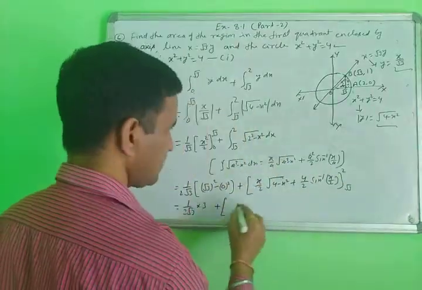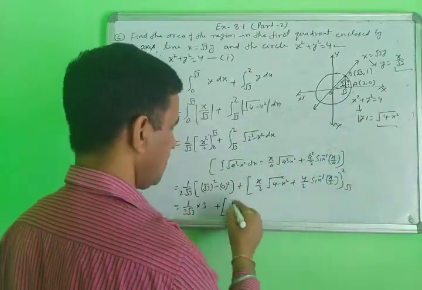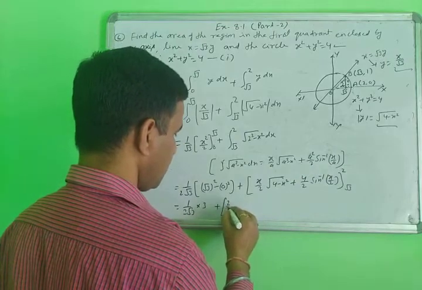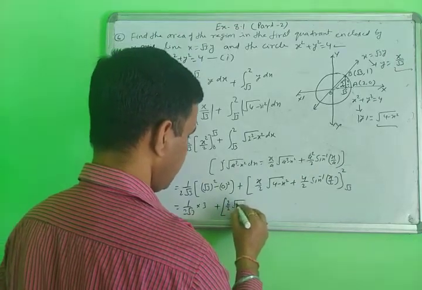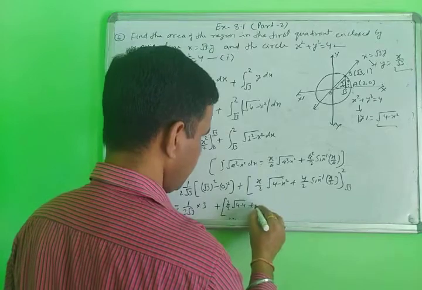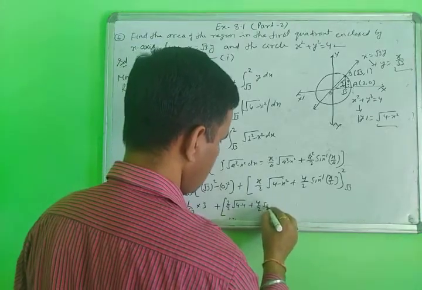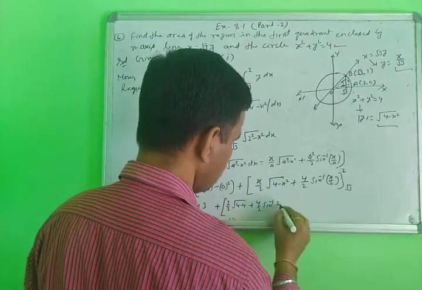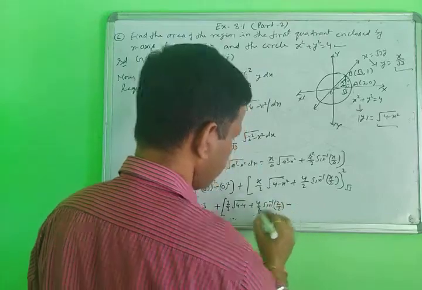Then using your limit, first using the upper limit, 2 upon 2 is 1, 4 minus 4 plus 4 upon 2 sin inverse 2 upon 2. Then minus.